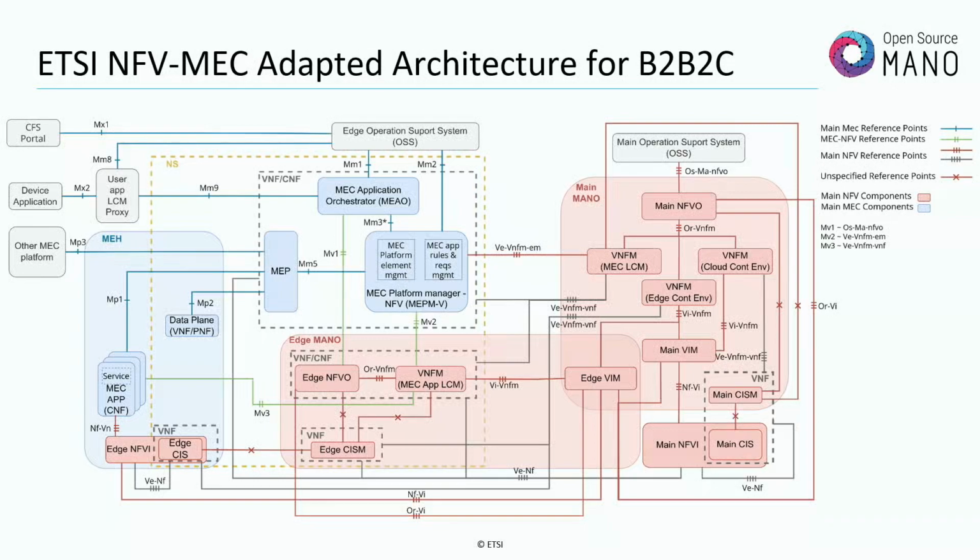Therefore, the main MANO will also manage and orchestrate the edge MANO functional blocks and also the MEC functional blocks. Each CSP operator will have its own edge MANO and its own MEC functional blocks. Then when some client of that CSP wants to deploy some MEC application, it can access the edge MANO and request the instantiation of its MEC application.